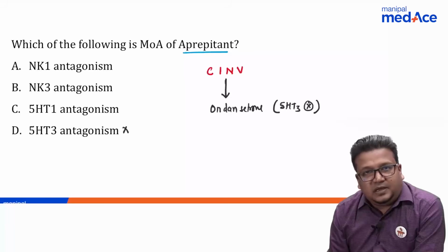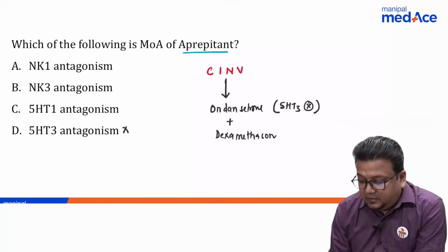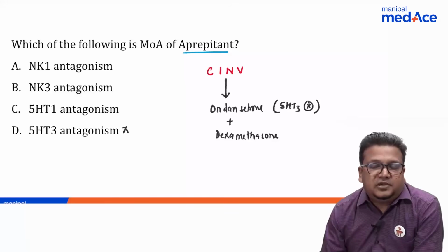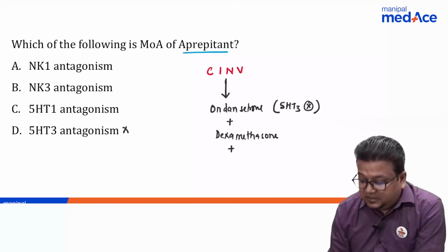If CINV alone is not controlled by ondansetron, then frequently we add a steroid by the name dexamethasone. So dexamethasone is frequently added to provide the anti-inflammatory effect, and still if the patient continues to vomit, then we add a new class of drugs, that is aprepitant.